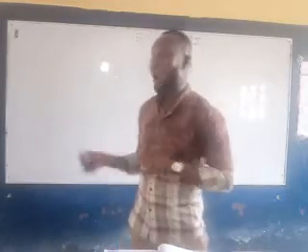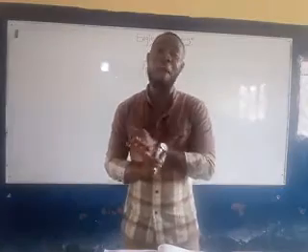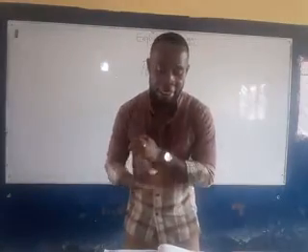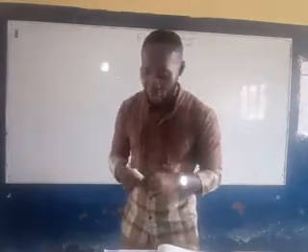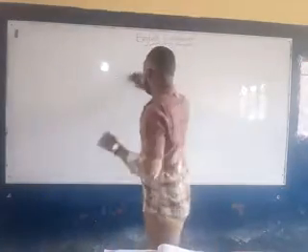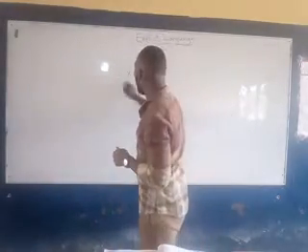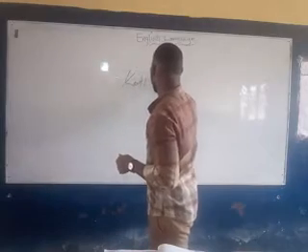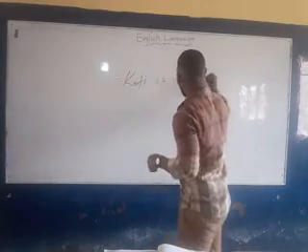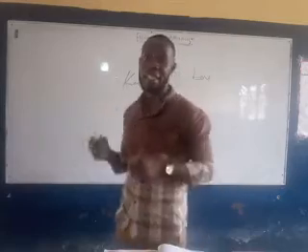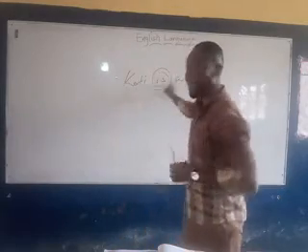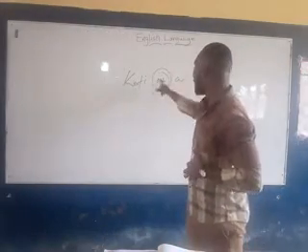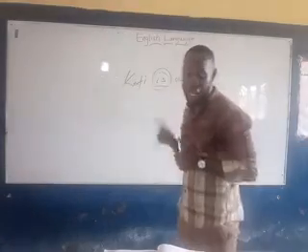Okay, so we are going to take examples for the 3 types I just mentioned: am, is, and are. So the first example I will give is Kofi is a boy. So "is" is telling what Kofi is. Okay? Kofi is a boy, but not a girl. That is the first example.